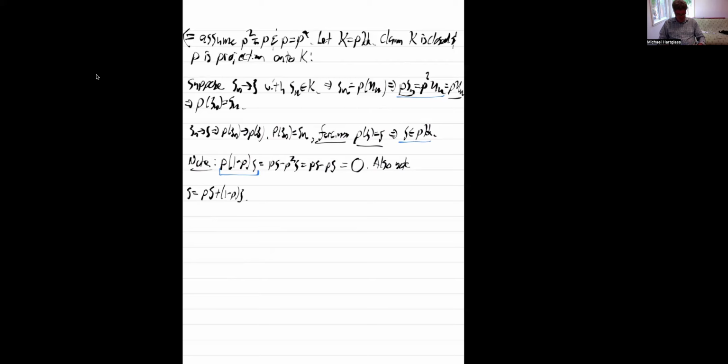So to finish, it suffices to show that 1 minus P C is always going to be in the orthogonal complement of P of H because of this decomposition. And then this will get us the statement that we want.